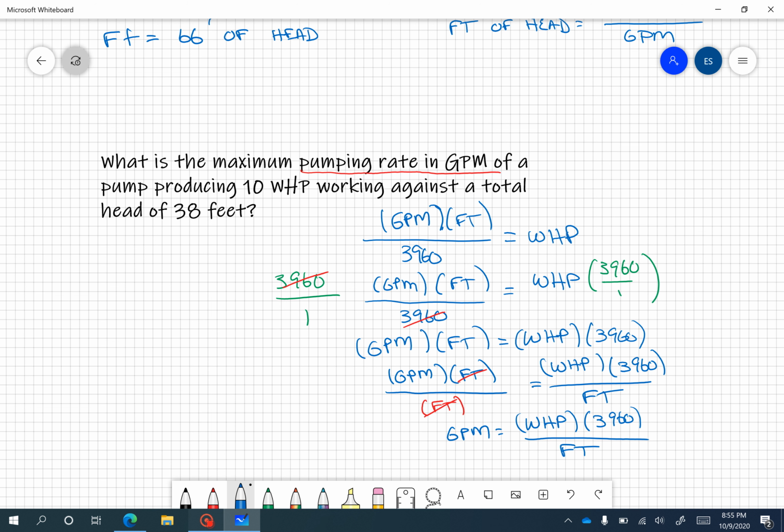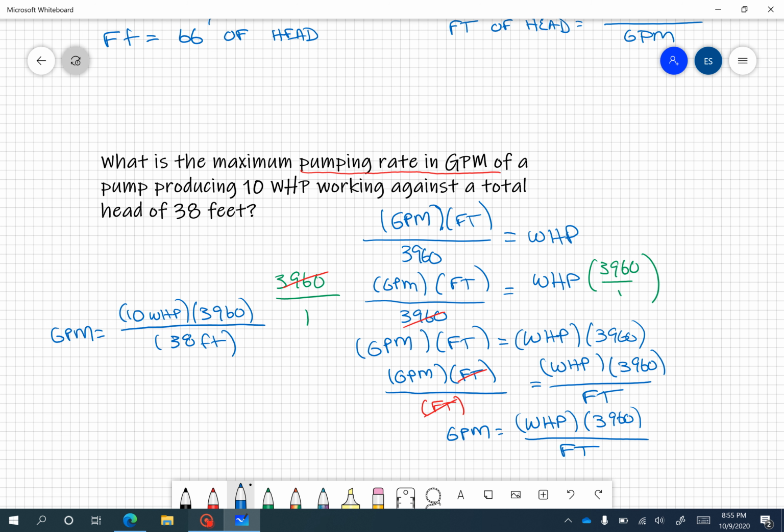I have gallons per minute, which I'm trying to determine, equals water horsepower, which was 10, times 3960 divided by feet of head, which is 38 feet of head in this instance.